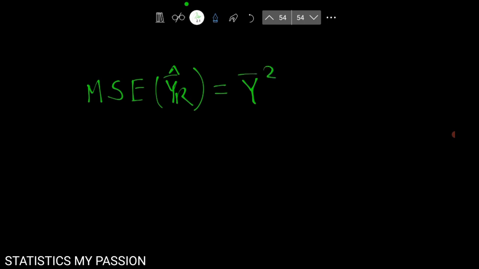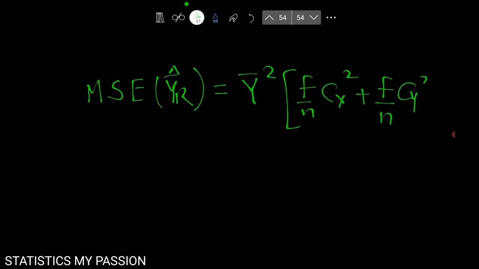Now we put in the values of epsilon 0 and epsilon 1. Epsilon 0 square is equal to f upon n Cx square, and similarly epsilon 1 square is equal to f upon n Cy square, and 2 f upon n rho Cx Cy.